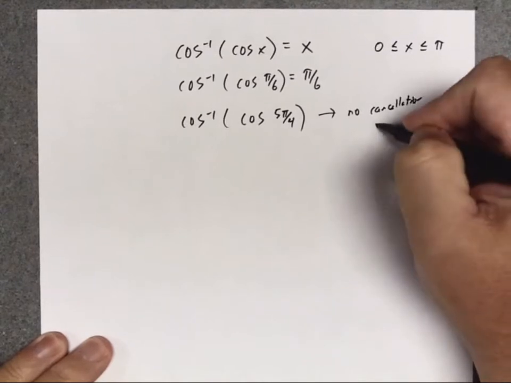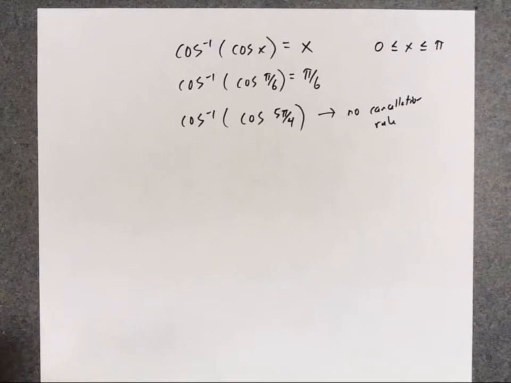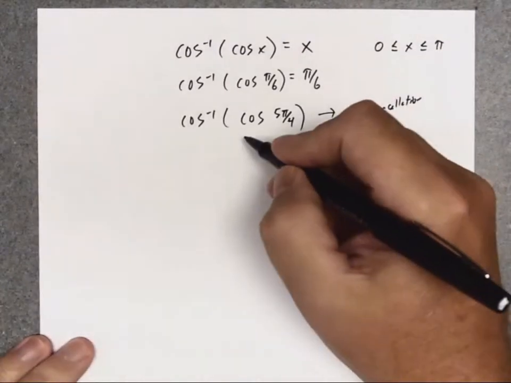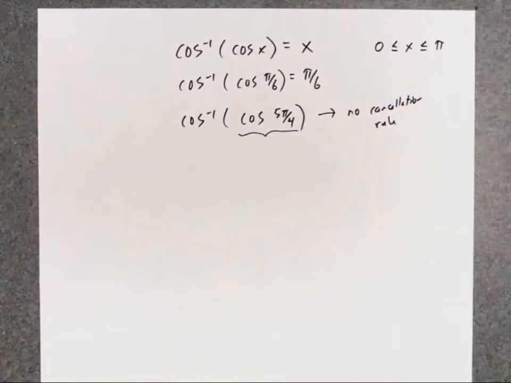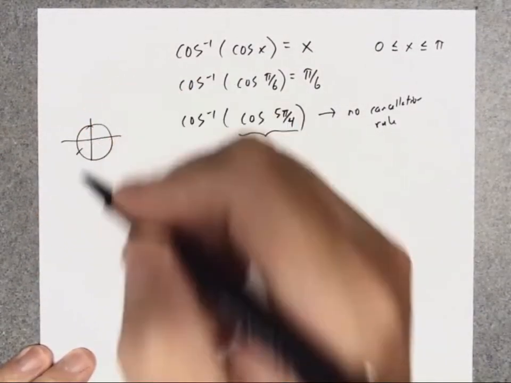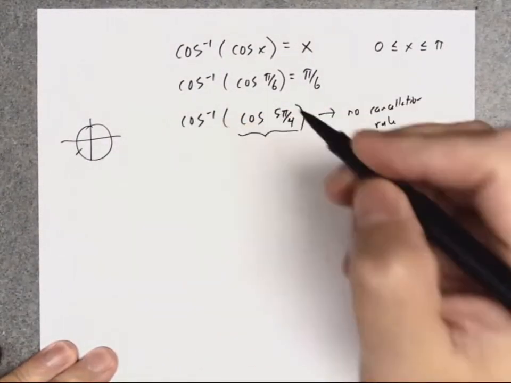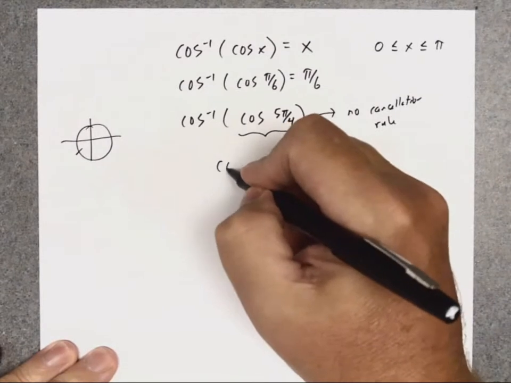So I cannot use the cancellation rule. Instead, I just have to do it sort of a step at a time the long way. Let's go here first and let's say, okay, so what's the cosine of 5 pi over 4? 5 pi over 4 is right there. We know the cosine is going to be negative square root of 2 over 2.